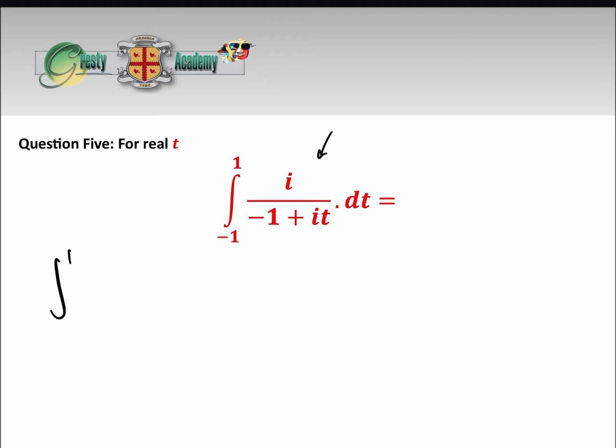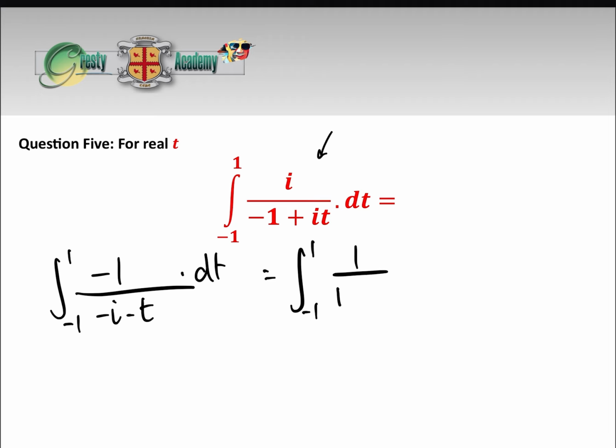So that gives us the integral between 1 and minus 1 of minus 1, obviously i times i is minus 1, over minus i minus t, and then we can multiply top and bottom by minus 1, which gives us the integral between 1 and minus 1 of 1 over t plus i dt.